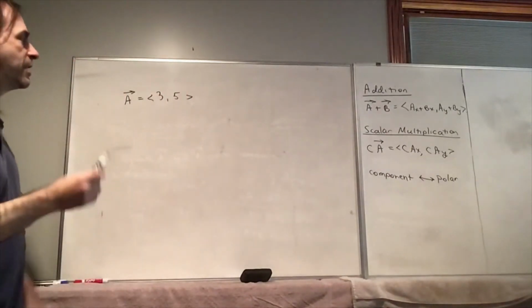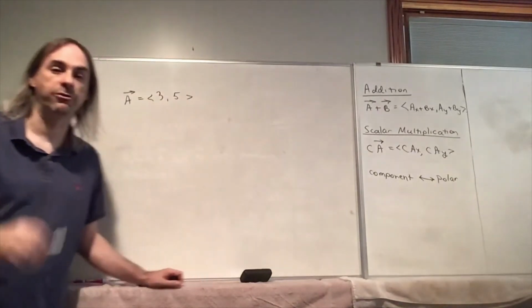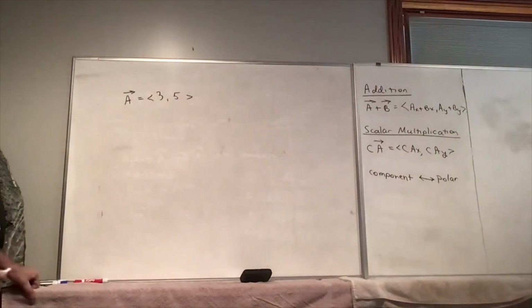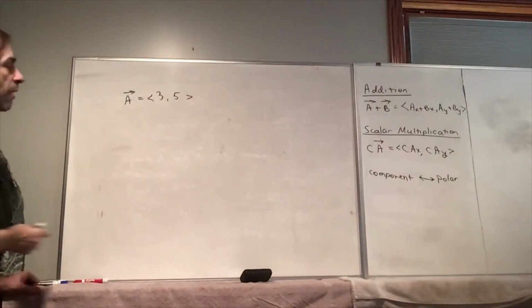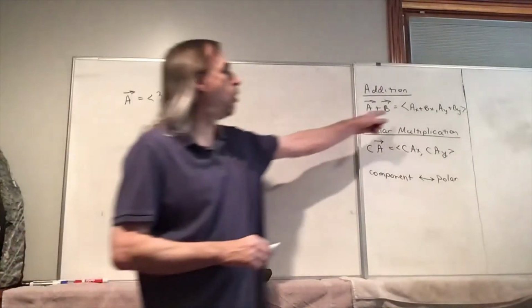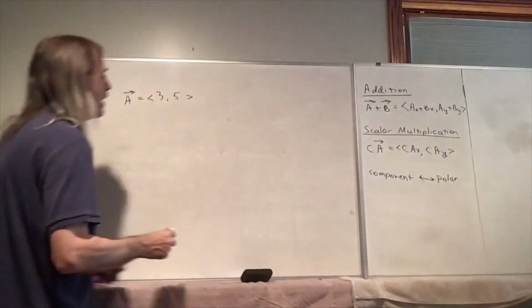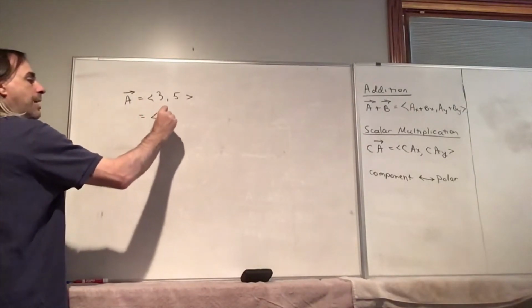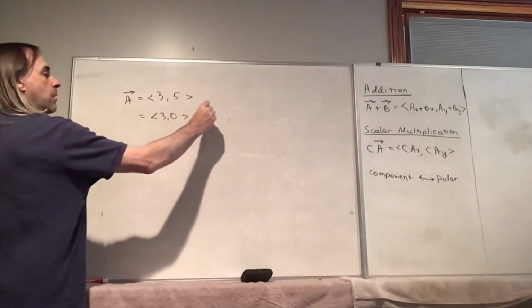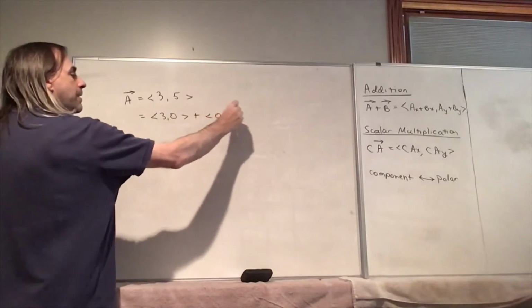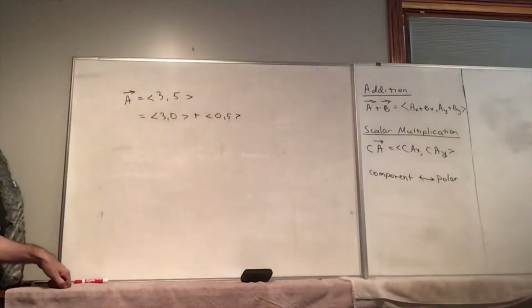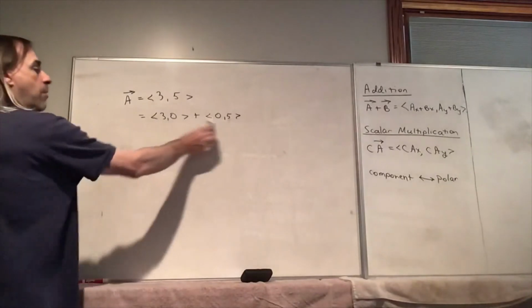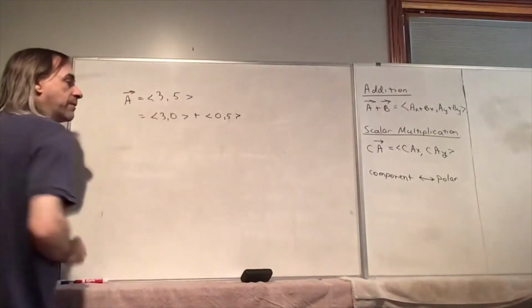Now there's another way we can write this, which is actually a very nice way of doing it. But first, I'm going to use our rules for addition and scalar multiplication. We can write this vector as 3, 0 plus 0, 5. So again, 3 plus 0 is 3, 0 plus 5 is 5.